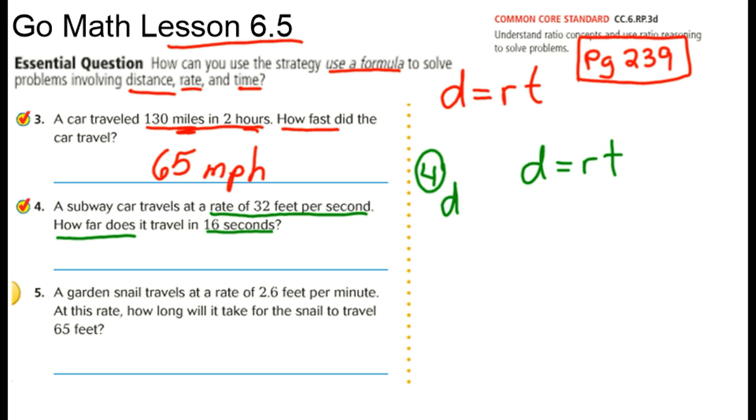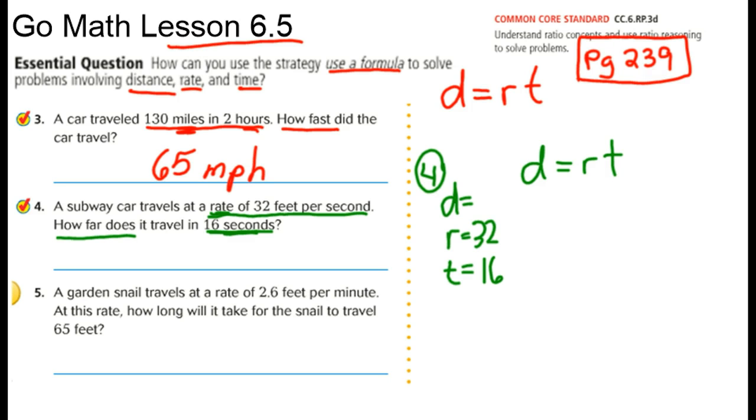We are going to list pieces of information from the formula and then go back into the word problem and see what we can find. The first thing I find is a rate of 32 feet per second, so that's going in for r. And then, how far does it travel in 16 seconds? That is my time.